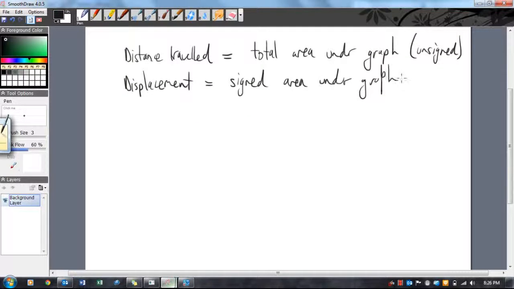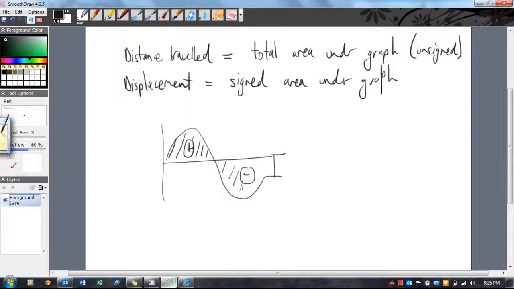If something is positive, like this up to there, that's the positive area there, and that's a negative area under the axis. If we want to know the displacement, we need to find this area minus this area to find our final displacement. That's really important to know on a velocity time graph.